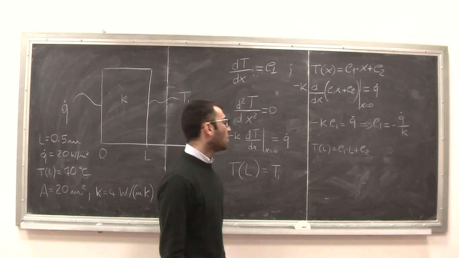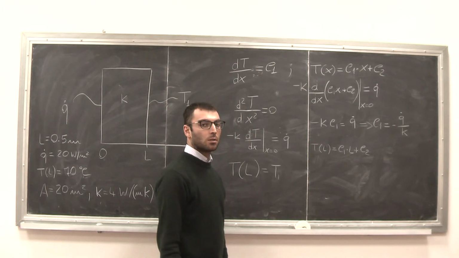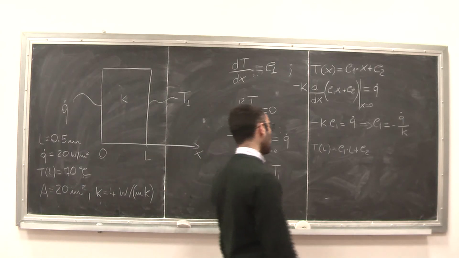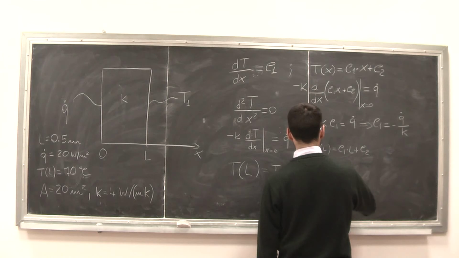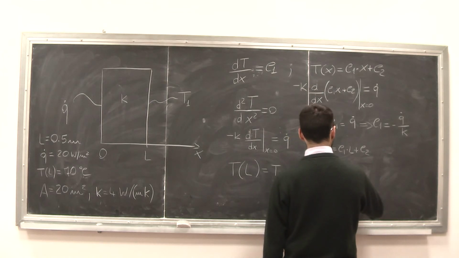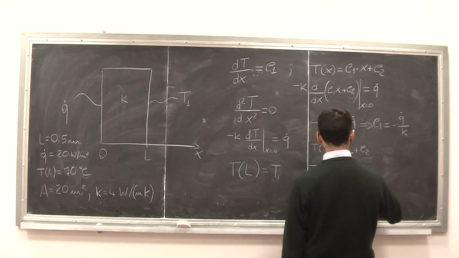But C1 is equal to minus Q dot divided by k, and so we can substitute. So we have T in L equal to minus L times Q dot divided by k plus C2.